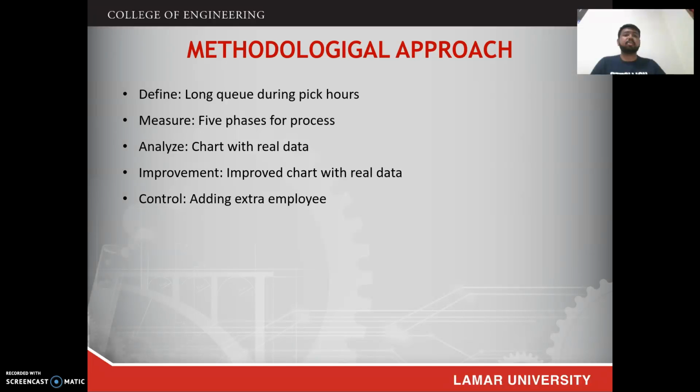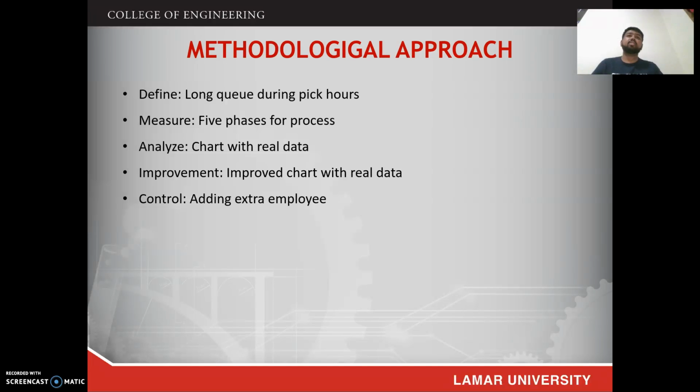If you go with the methodological approach, there are five parts, and it is based on DMAIC: define, measure, analyze, improve, and control. In the define phase, I identified the long queue during the peak hours.